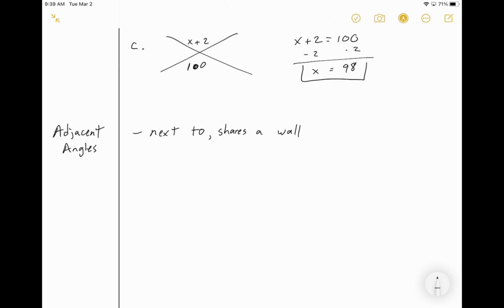So let's do an example here. So here are my adjacent angles. Okay. I could say that angle 5 and angle 6 are adjacent.